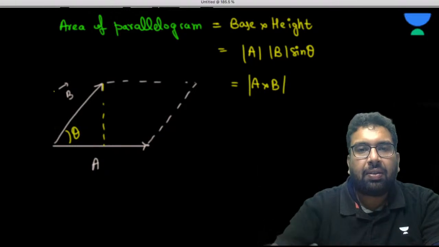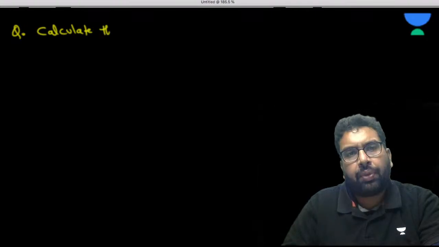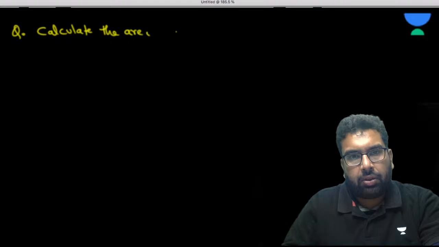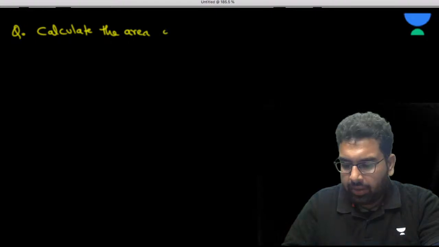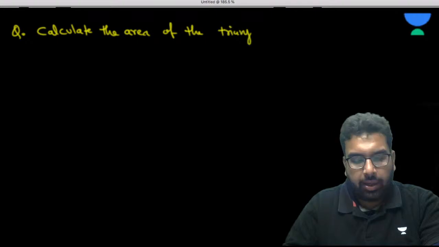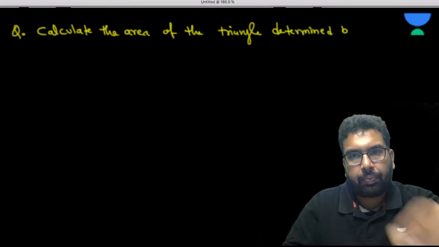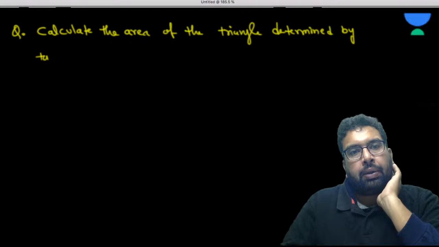Now let's solve one question. We are about to complete, just one or two questions I'll give you and we'll be done with the session. Calculate the area of the triangle determined by two vectors.